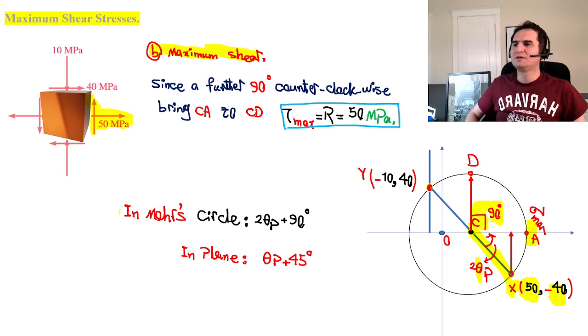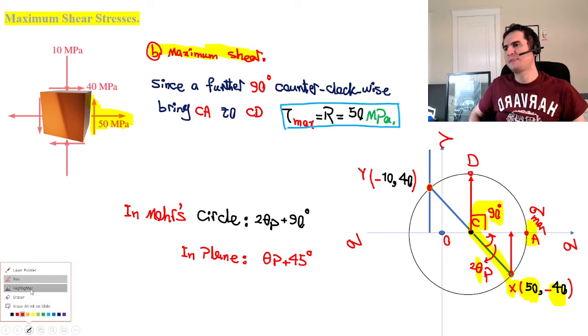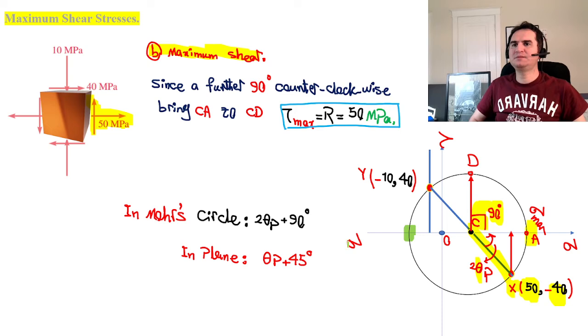How is that? From the Mohr circle, this is the sigma direction, so this is sigma and this is tau. You can simply see that the maximum or minimum sigma happens on the x axis, and the maximum shear happens at both ends.